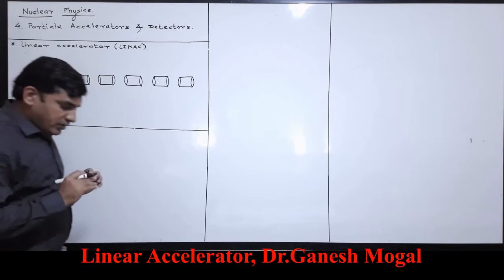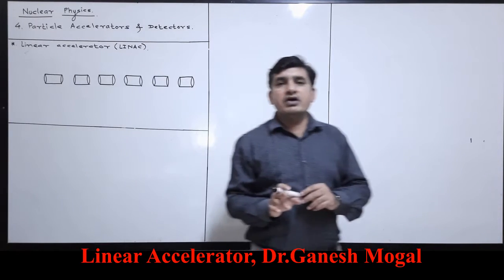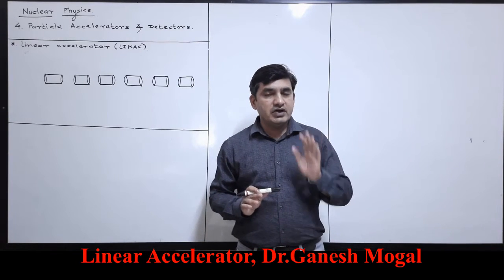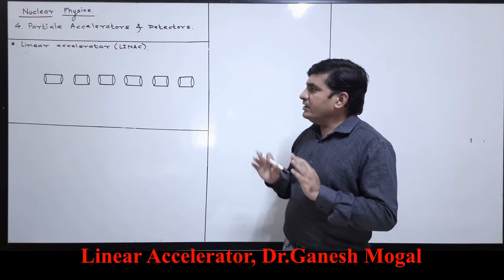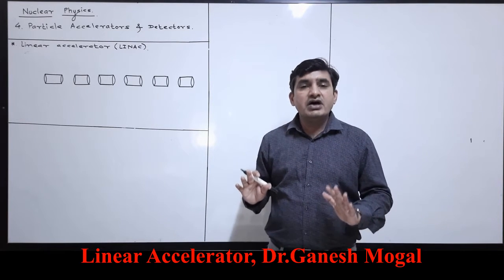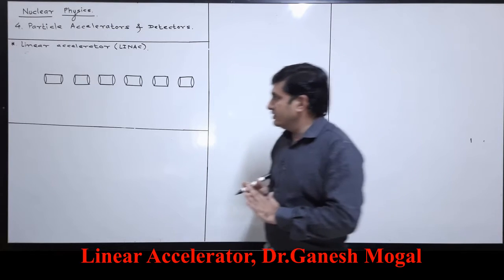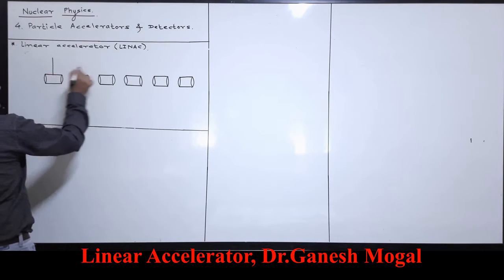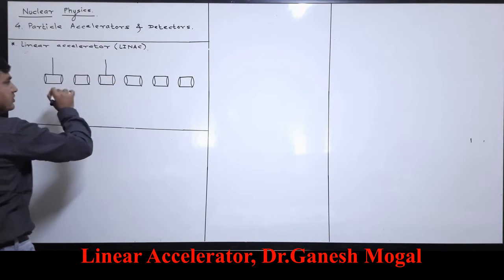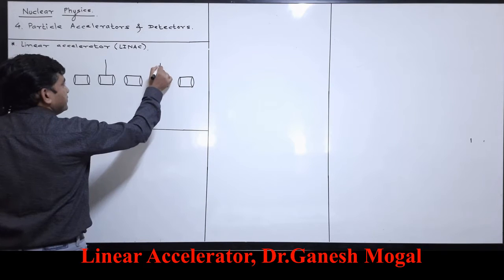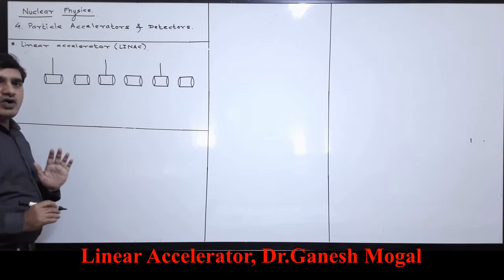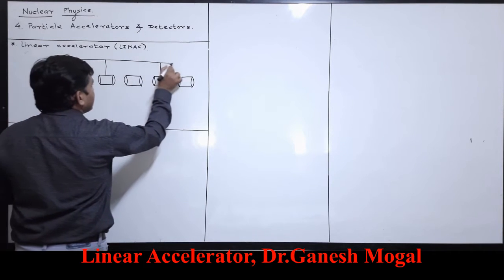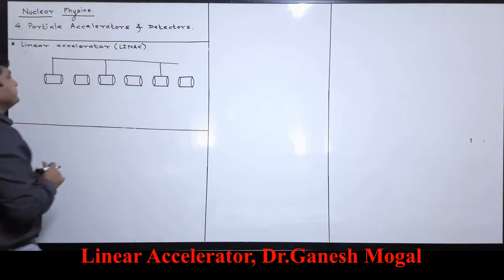Now the odd number of electrodes are connected together, and the even number of electrodes are combined together. So here, the first electrode, third electrode and fifth electrode are odd number electrodes, and these are combined together.